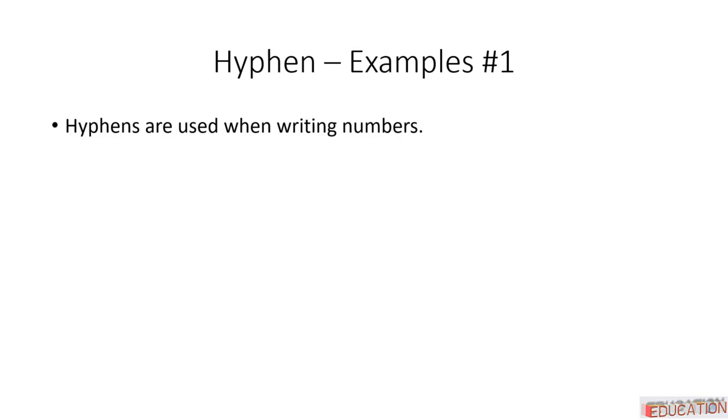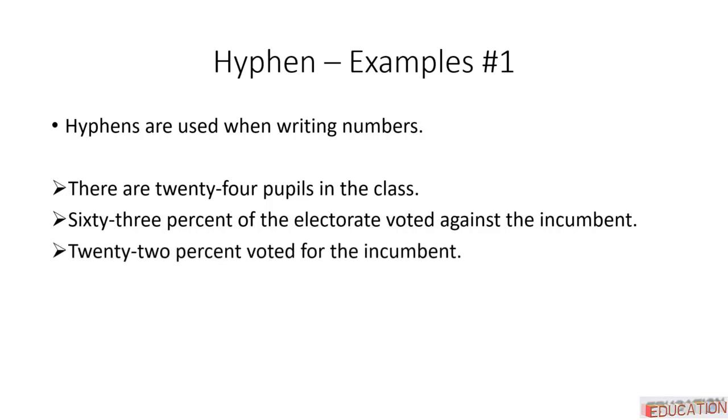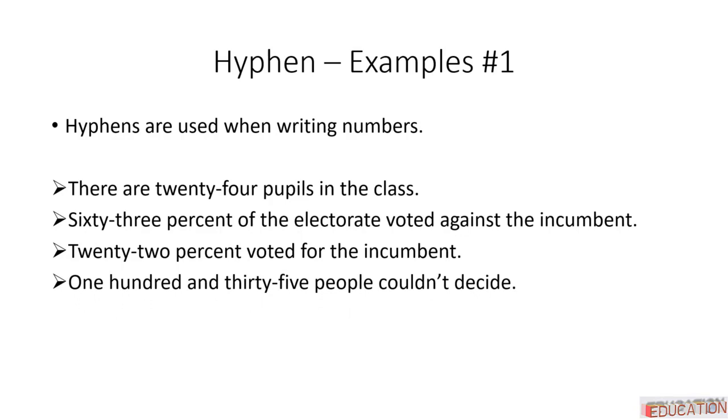When writing numbers, there are 24 pupils in the class, so 24 has a hyphen in it, and all the numbers between 21 and 99 do. 63% of the electorate voted against the incumbent. 22% voted for the incumbent, where the incumbent is the person who is currently in office. 135 people couldn't decide.